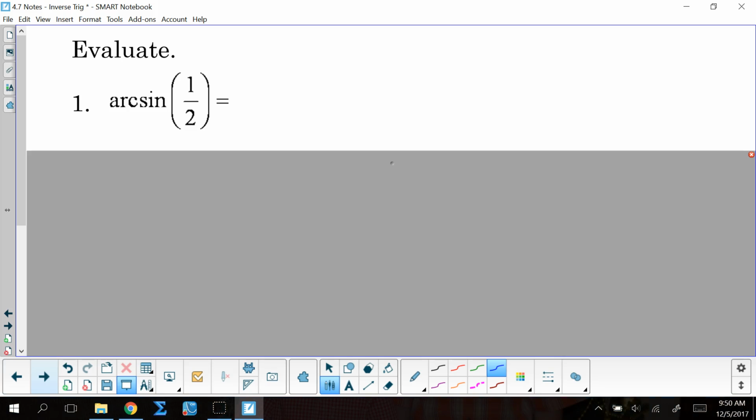So I'm talking about sine. So that means I'm looking at x or y. Looking at y. And remember, right half. So get out your unit circles because you're going to need them.